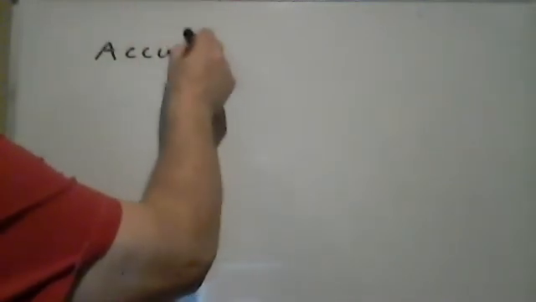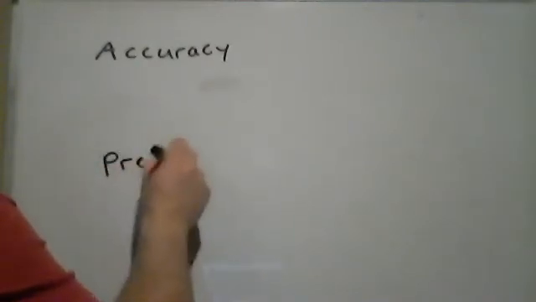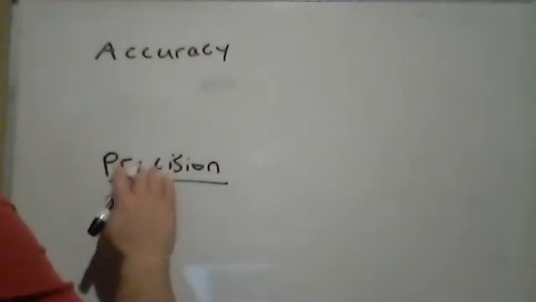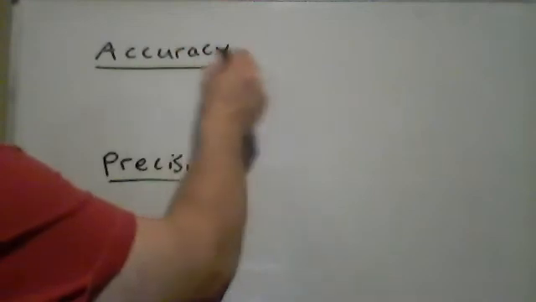Some of these words are used interchangeably without people thinking about it. But we have a concept called accuracy versus precision. I think a lot of people use these words without really thinking about them too much.